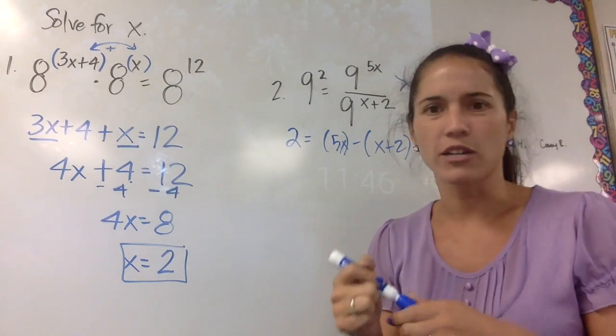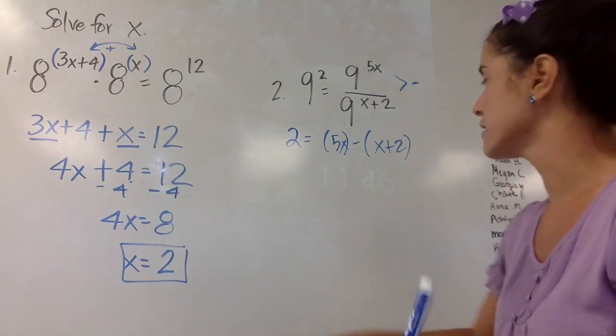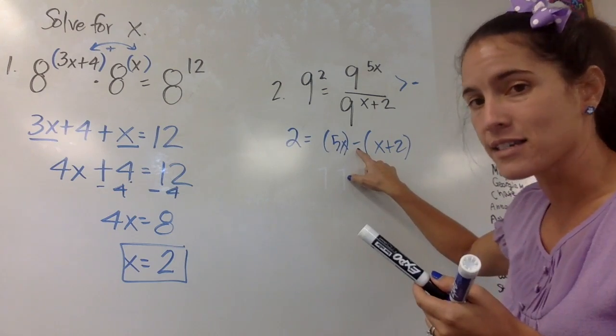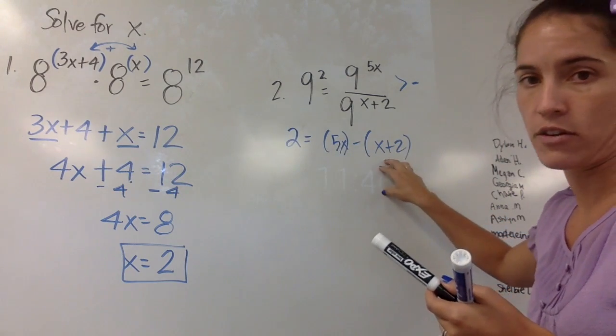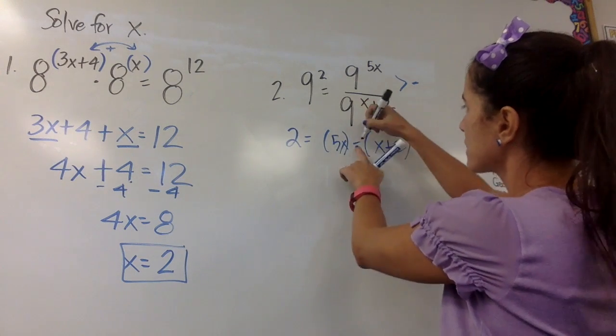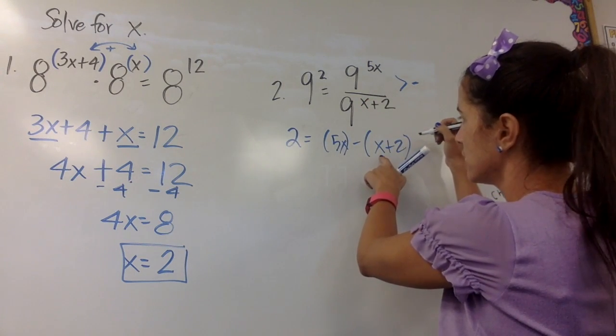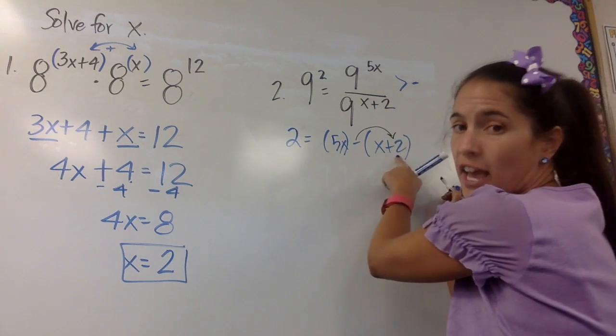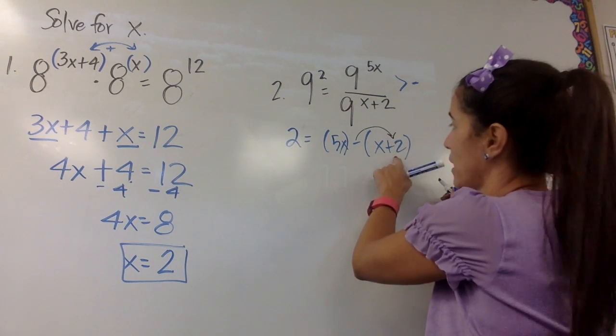Now, the only reason I'm telling you to maybe use parentheses is because this minus is going to affect these values in here. 5x minus x, and then this minus is going to change this value right here.